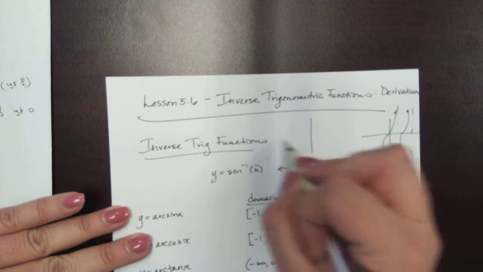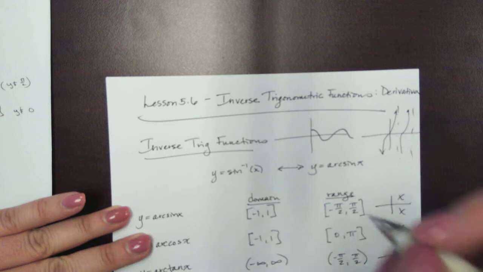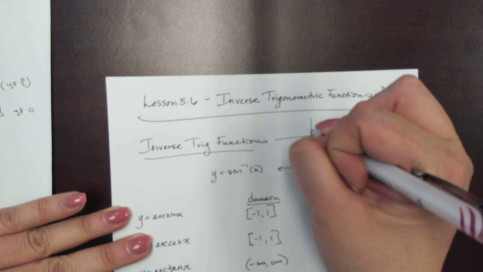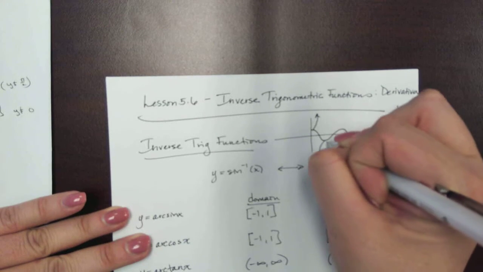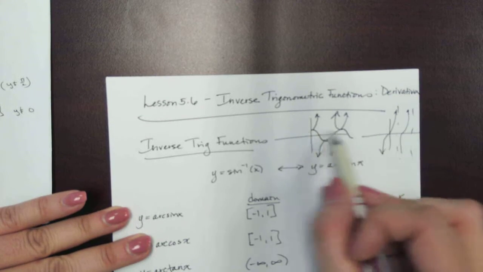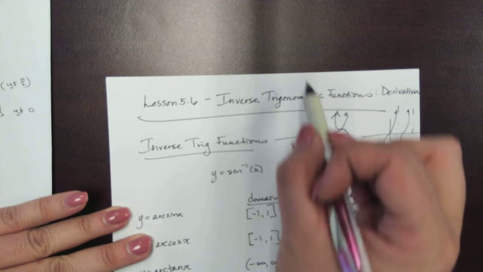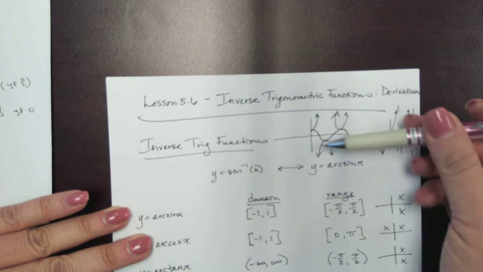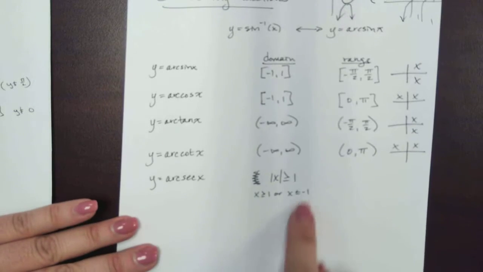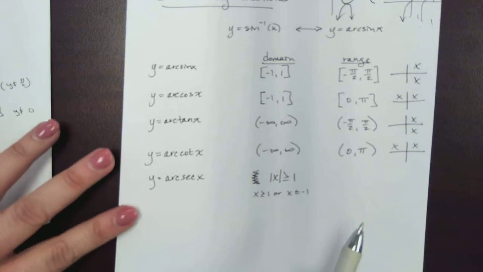So remember, I'm going to draw up here. So here is cosine. That is not secant. Secant is the u's. So secant's range is y greater than 1 or less than -1, so that is going to be the domain of the inverse, based on the amplitude.